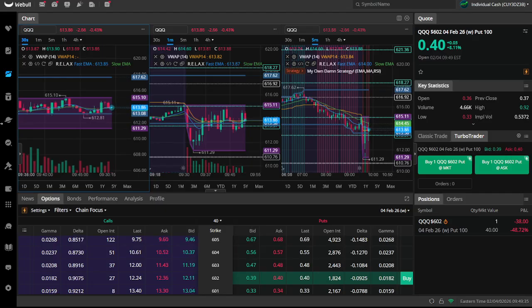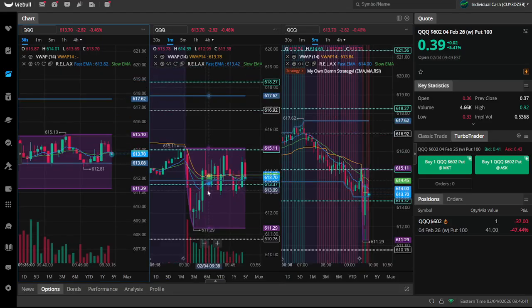I can make things a little bit more clear. I don't need to see the contracts anymore. I've already bought one, so I'll give myself a little more screen real estate.